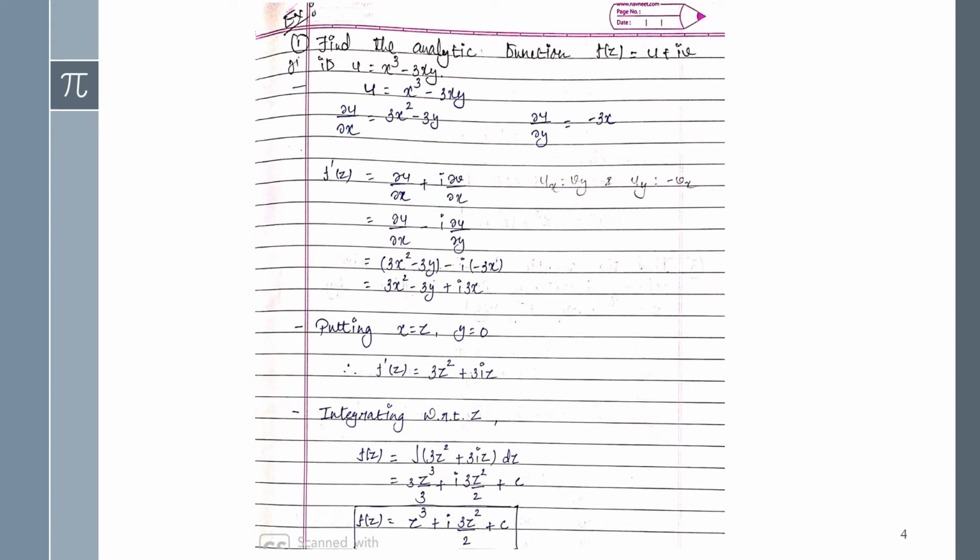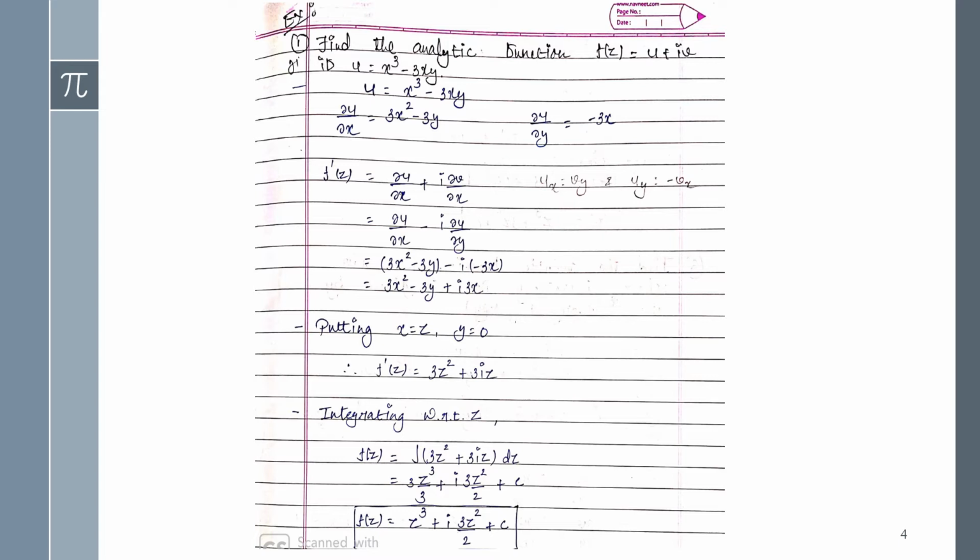And here the first question is given: find the analytic function f of z equals u plus iv if u equals x cube minus 3xy. As I declared in the PPT, in the previous slide, the equation will be given either as a real part or as an imaginary part, right?